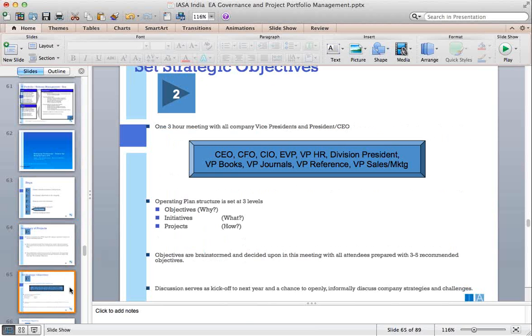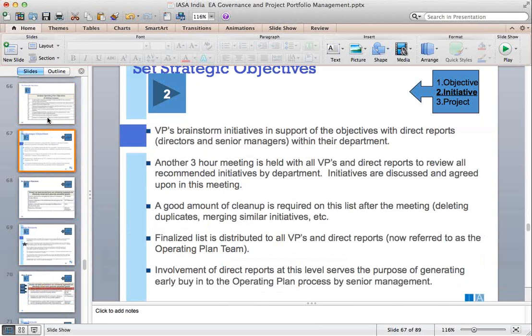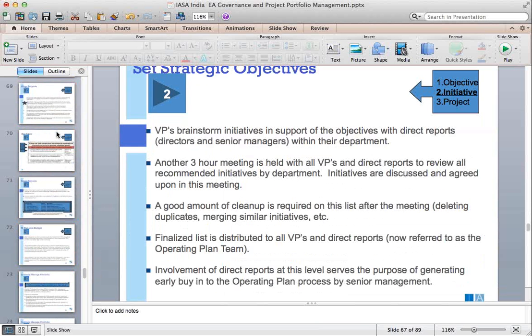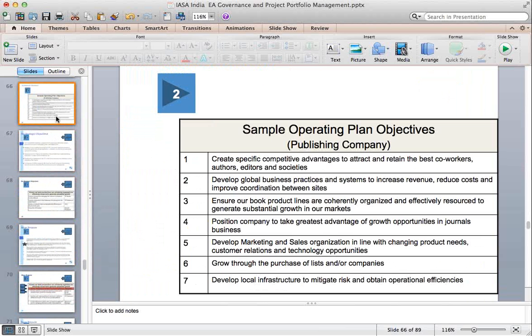Now going further, we do have the third step, which I said is an operating plan. Sorry, I just missed that slide. Let me go back. Okay.